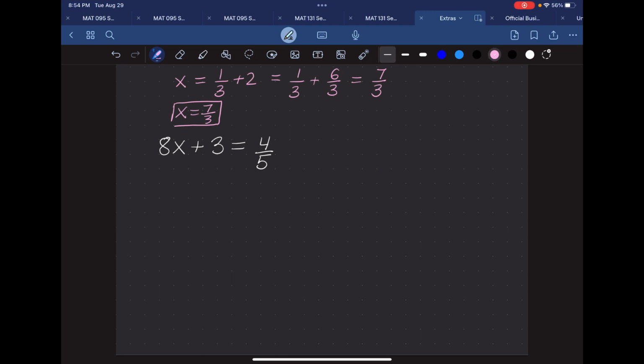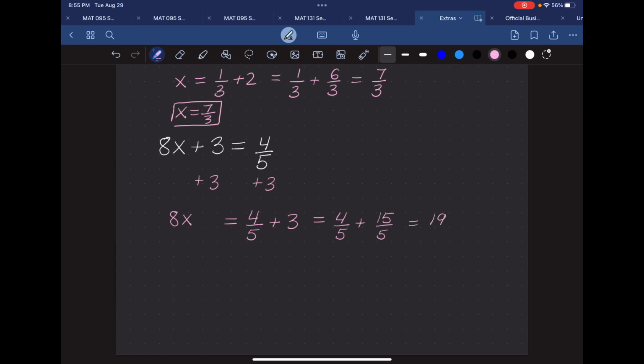So I can add 3 to both sides, and I get 8x is equal to 4/5 plus 3. And so I'm going to simplify the right-hand side real quick. I'm going to get a common denominator, so I have 4/5 plus 15/5.